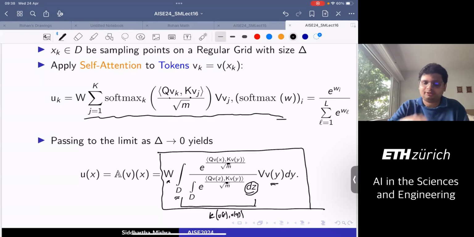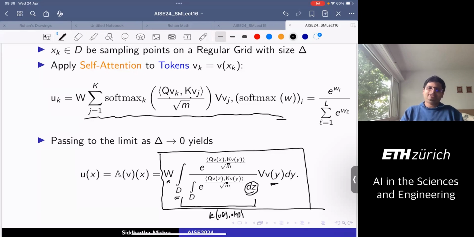Okay, if not, please feel free to ask in the next lecture, so that by that time you have seen these objects and you have understood. So again, I repeat, you are essentially doing a kernel operation just like in convolution, except that your kernel is global and it takes into account every other point in the domain. But now you do this in a data dependent way.